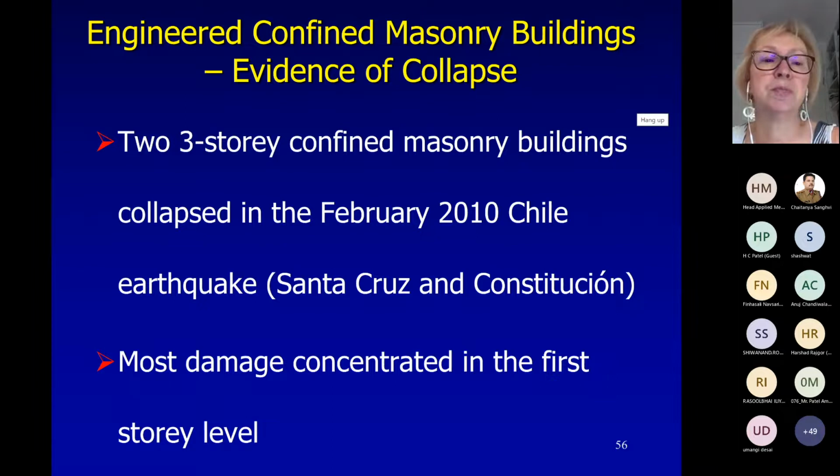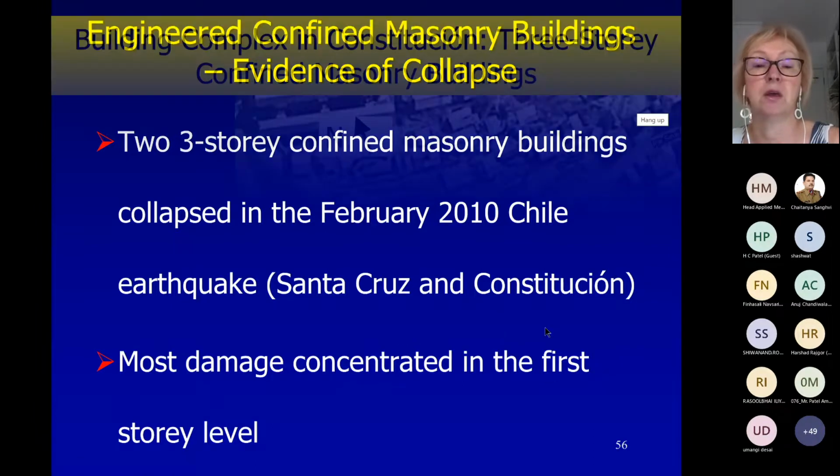And they're both 3-story high, G+2. One is in Santa Cruz, which is maybe intensity 7, and the other is in Constitucion. That is the place marked with black, with intensity 9, the maximum intensity of the earthquake. Most damage was concentrated at the 1st story level, and the 1st story collapsed.